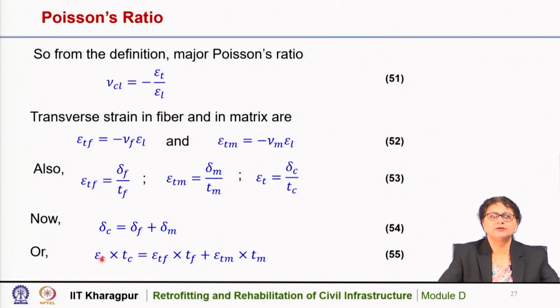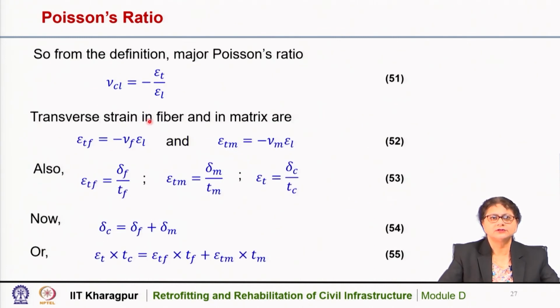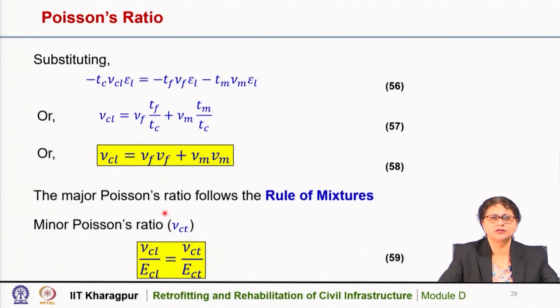Now, delta c can be written in terms of the strain values. So, delta c can be written as epsilon T into T c, which is equal to epsilon T f into T f for the fiber part plus epsilon T m into T m. Now, we can substitute these equations with Poisson's ratio.